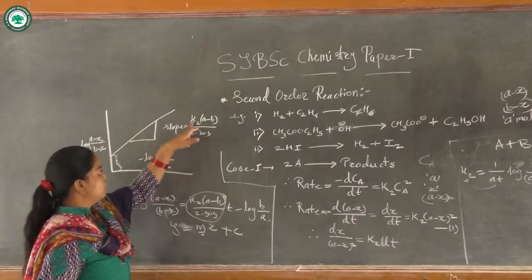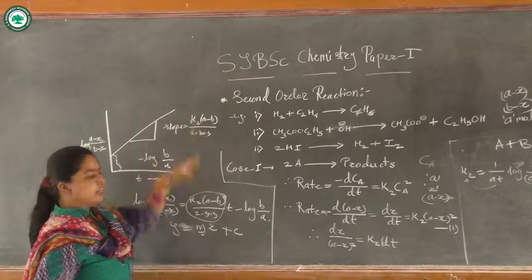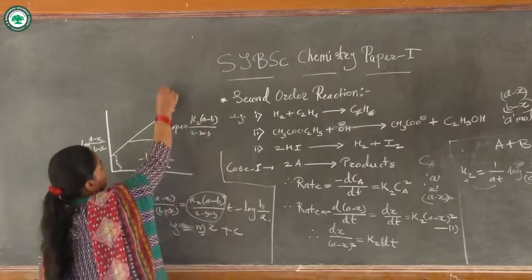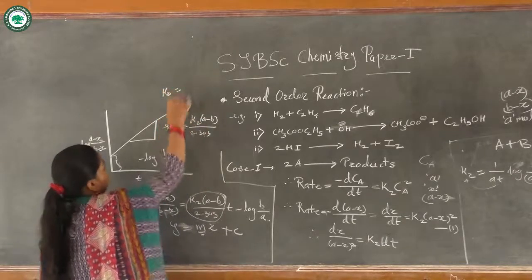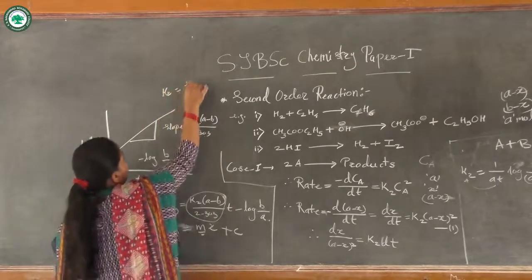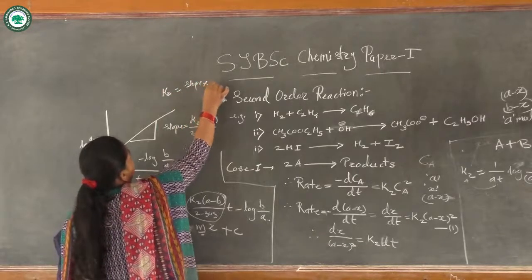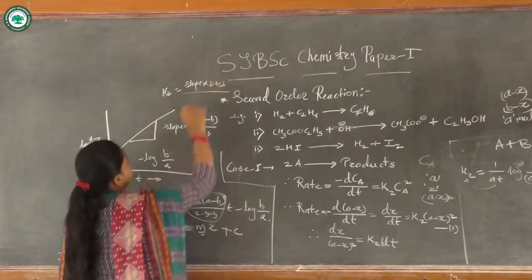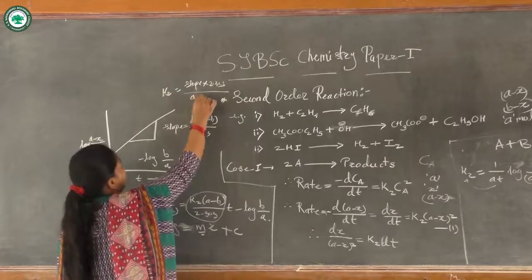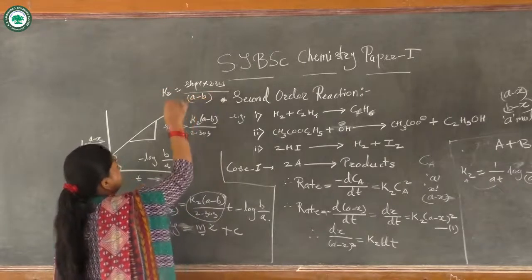From this value we can calculate the rate constant: k2 equals slope into 2.303 divided by a minus b.